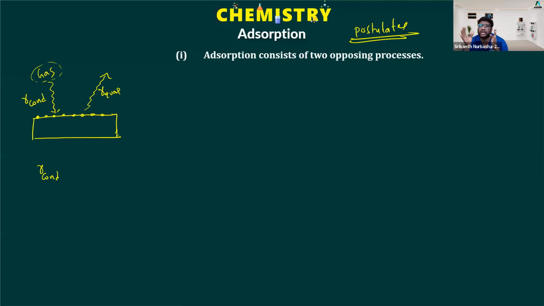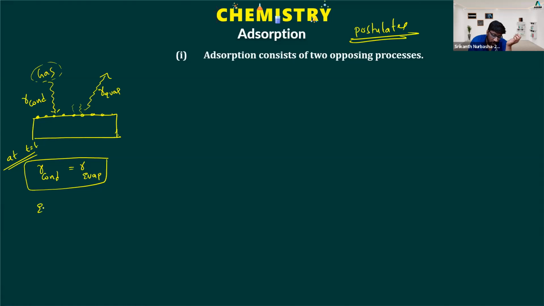Again, the molecules which have been adsorbed may experience electronic repulsions, like a molecule adsorbed at this point and a molecule adsorbed here. They may desorb also. So at a particular time t, rate of condensation should be equal to rate of evaporation, or not?